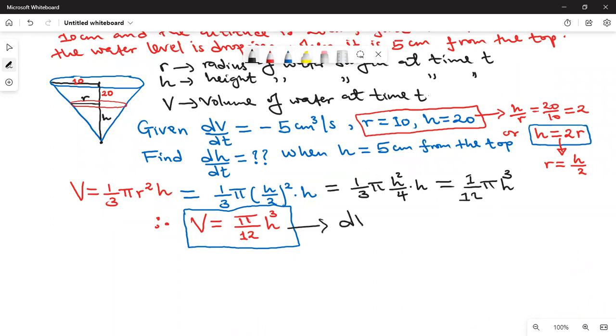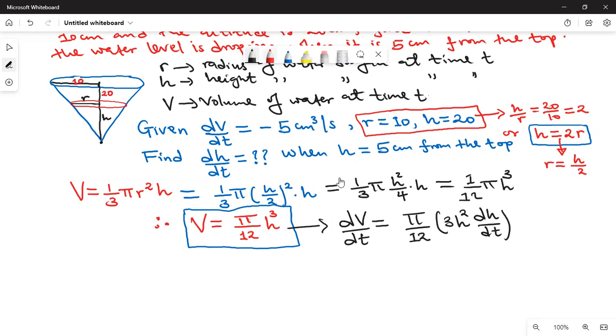So we are saying dV/dt is equal to, remember, pi over 12 is a constant. That's pi over 12 times the derivative of h cubed, which is 3h squared times dh/dt.